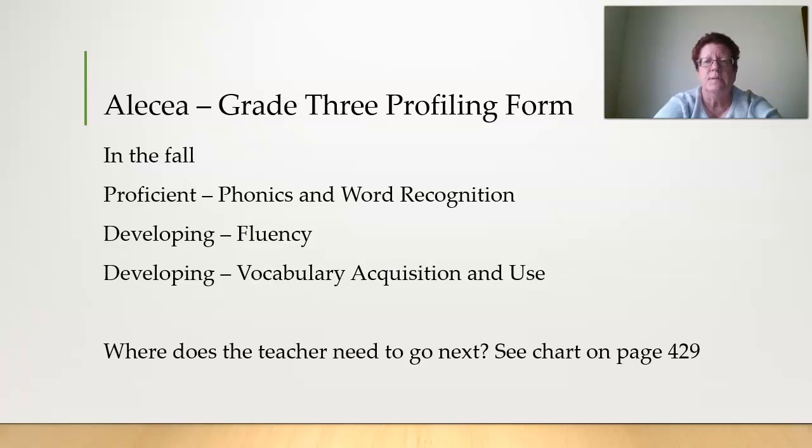Making sure that I'm doing some pre-reading, during reading, and even post-reading instruction on vocabulary that is pertinent to whatever topic we're working with at the time. And making sure that I boost her skills in those areas.